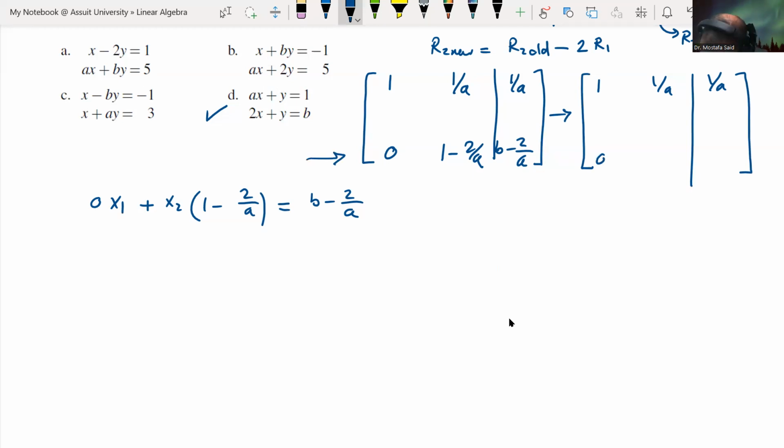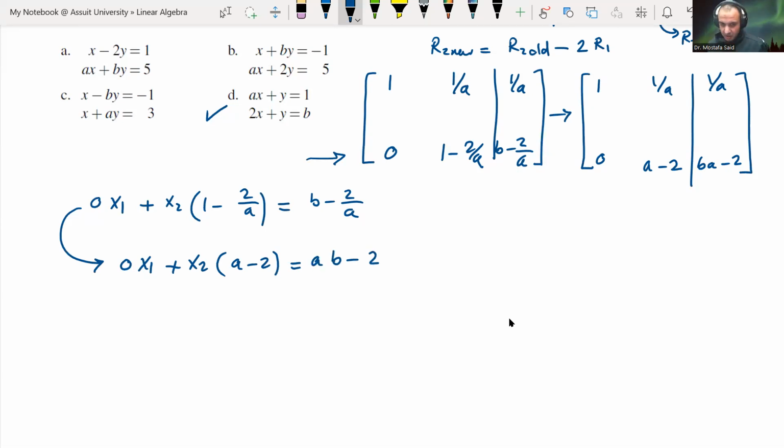So this will be 0, this will be a minus 2, and this will be ab minus 2. So that equation will be 0x1 plus x2 times (a minus 2) equal to ab minus 2, or ba minus 2, whatever, it's the same. Good.